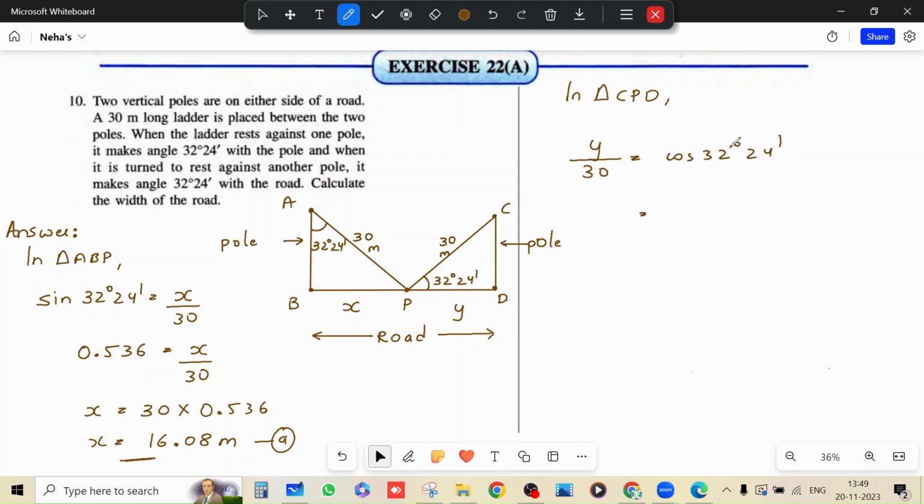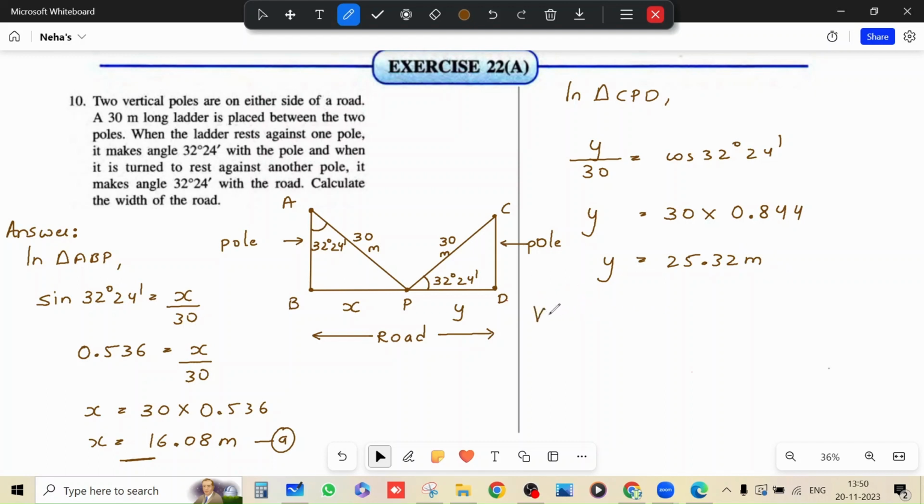The value of cos 32 degree 24 minute can be found out using the trigonometric table of cos. So this is equal to 0.844. Now the value of y is equal to 25.32 meters.